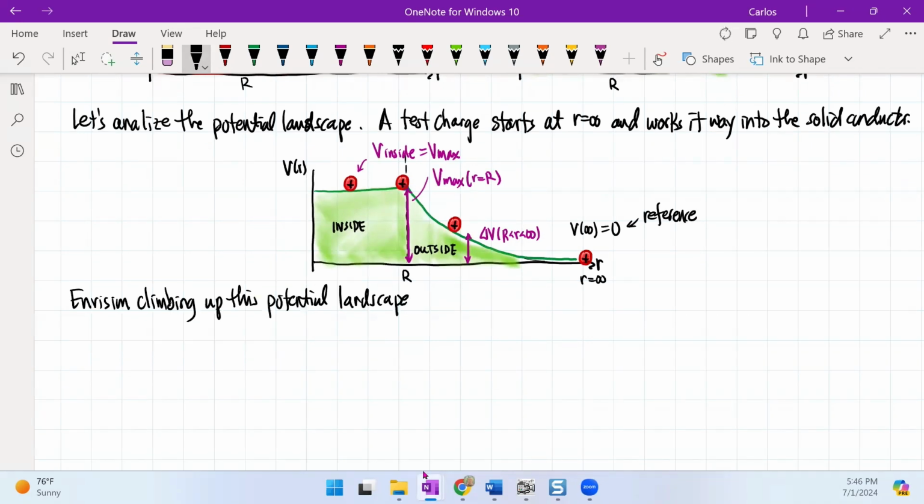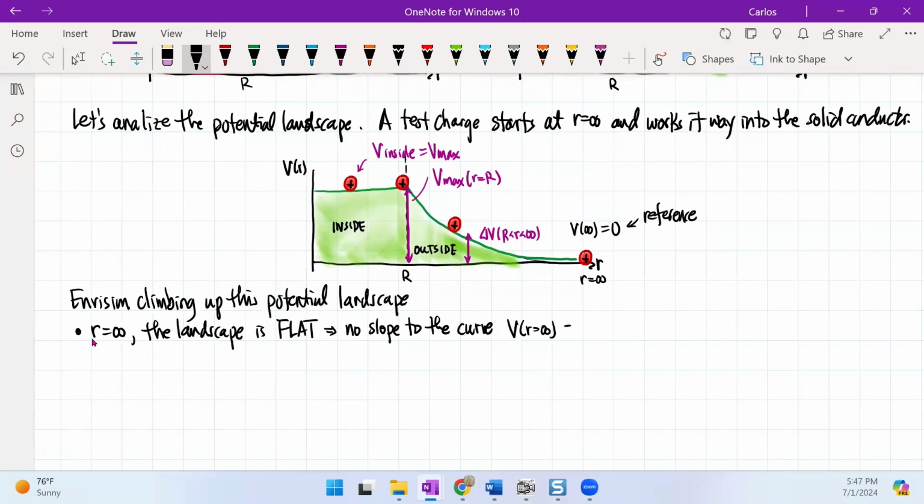So you're the test charge. So what do I see? At r equals infinity, the landscape is flat. In other words, we have no slope to the curve. And that's what we mean by V at r equals infinity equals 0.